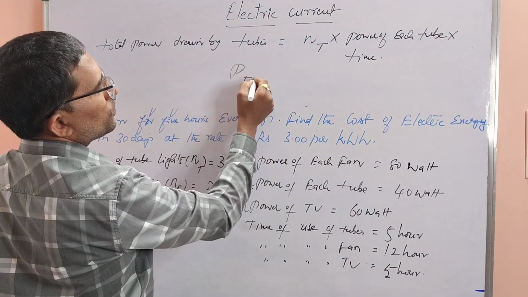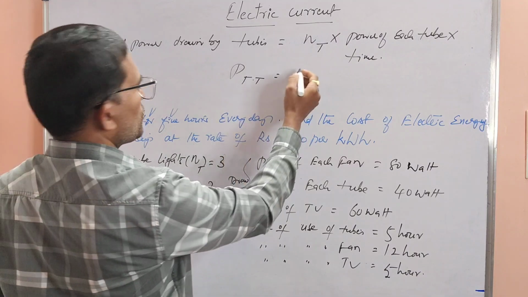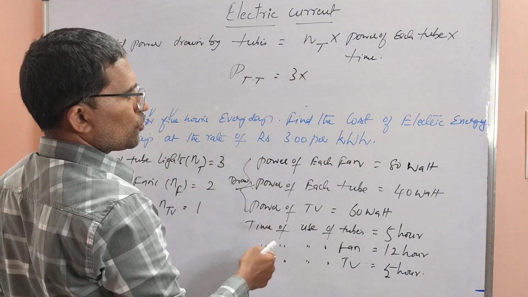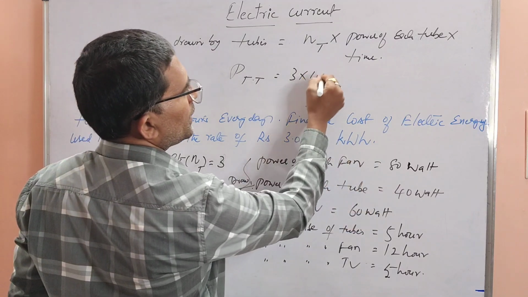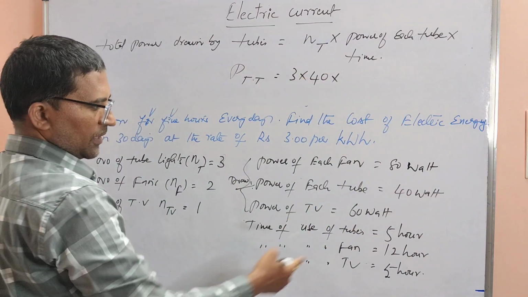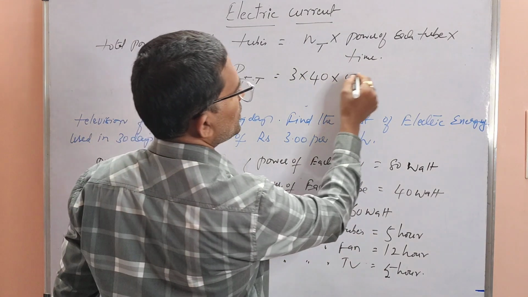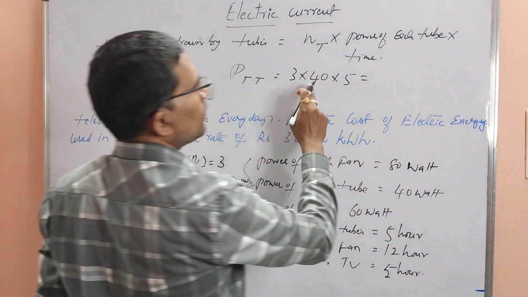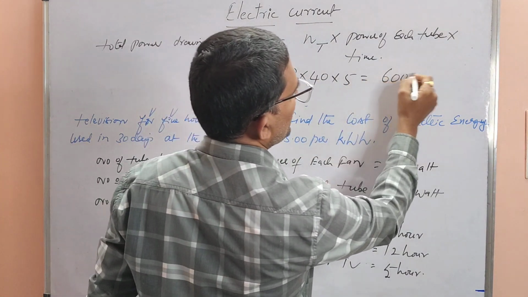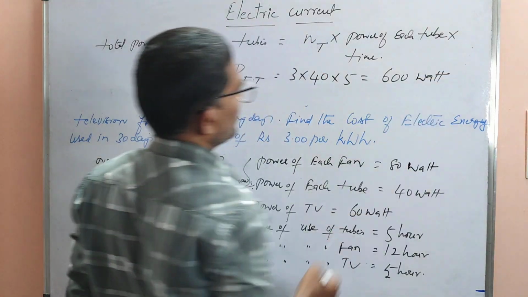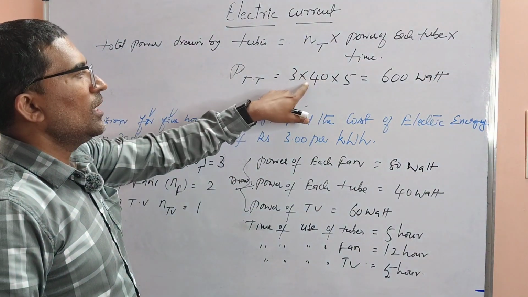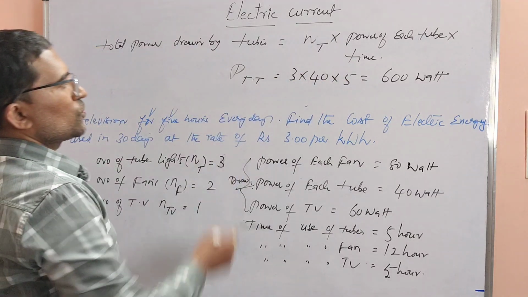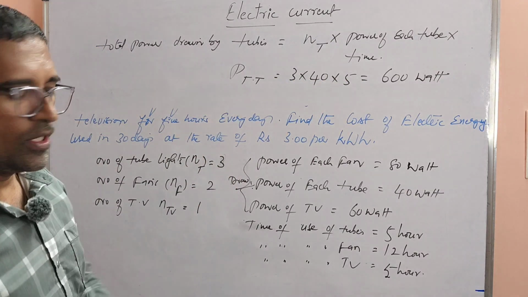Total power of tubes is equal to number of tubes, that is 3, into power of each tube, 40, into 5 hours. 3 into 40 into 5. 5 fours are 20, 200, 200 into 3, that is 600 watt. So we got the total power of tubes.